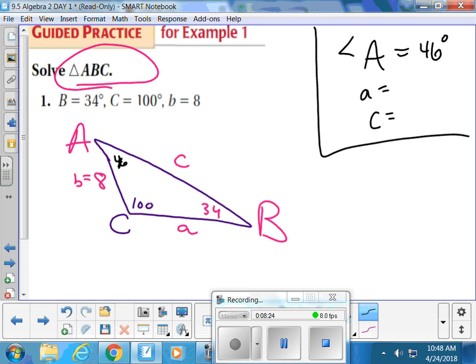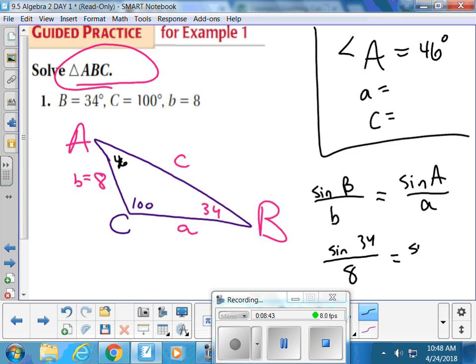All right, you told me we knew a complete set of partners. What letters did we know? B. So let's start our proportion off with using sine B over b. And maybe setting it equal to sine A over a. That'll solve little a for us first. So sine of 34 over 8 equals sine of 46 over a. So you have to use a little cross multiplying to solve that one. Go ahead and cross multiply all by yourself.